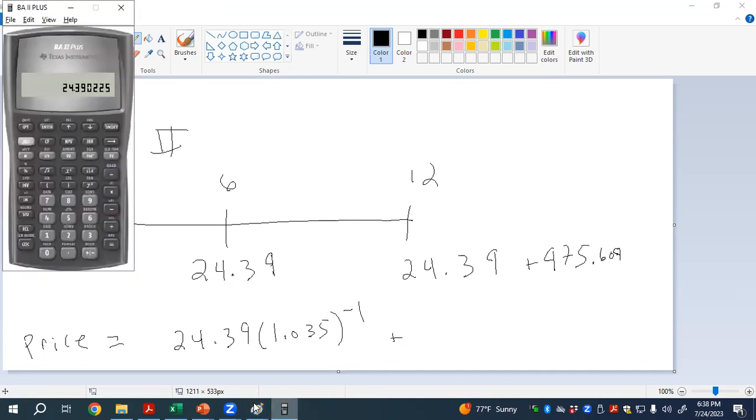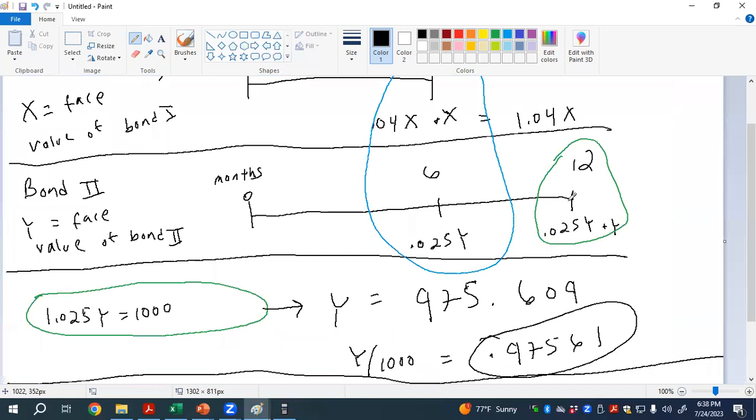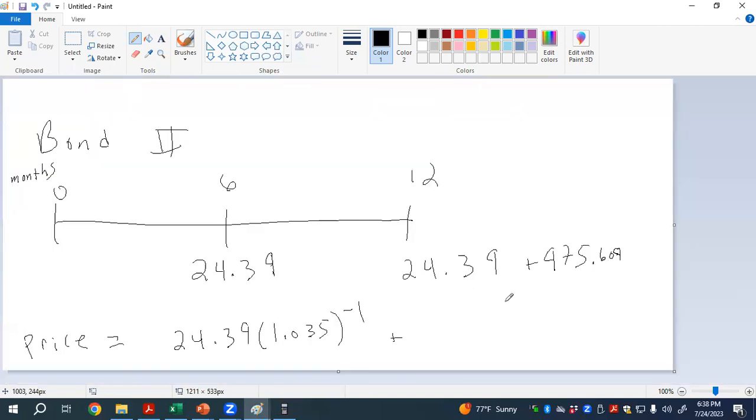So let's see what this is. 24, this plus 975,609. Well, that's stupid. This of course has to be 1,000, because remember we picked it so that we exactly have 1,000 at t equals 12, the max liability.